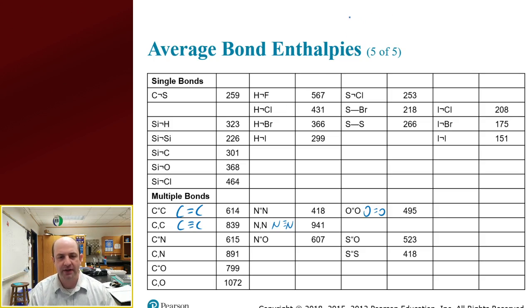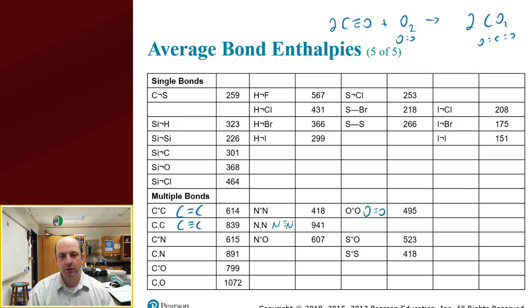So let's do a real reaction: 2 carbon monoxides plus oxygen goes to 2 carbon dioxides, and that's 2 double bonds there, right? That's O=C=O. This is O double bond O, if we draw them all out.